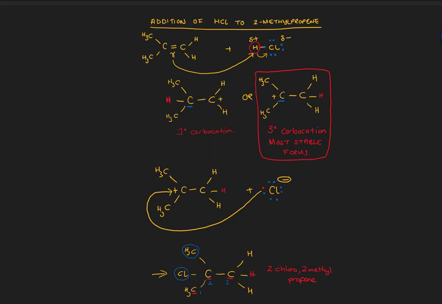We've used the Markovnikov rule to identify which is the most stable. And we know our tertiary is the most stable in this instance. And because it's most stable, it's most energetically favourable, that'll be the one brought forward in the reaction. And that's going to interact with our now negatively charged chlorine to generate 2-chloro-2-methylpropane. So as always, give it a go yourself, try and explain it to yourself or to your friends out loud, and see how you get on.